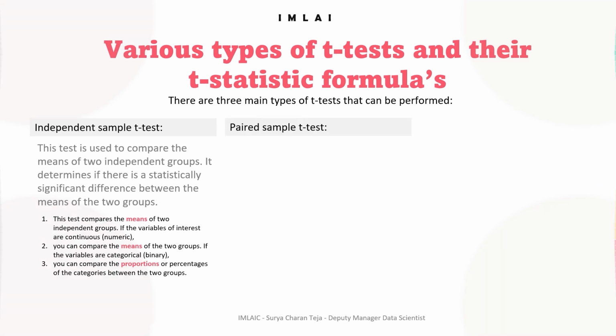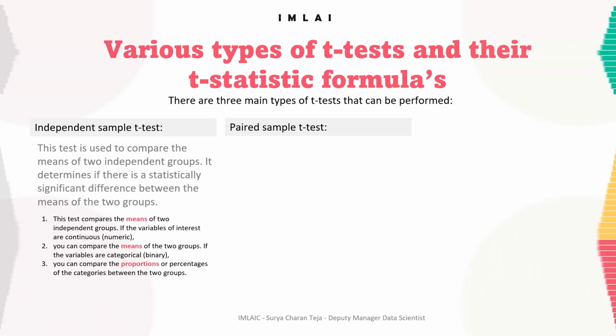Next we have the paired sample test. The paired sample t-test is also known as a dependent sample t-test. This test is used to compare the means of two related or paired groups. It determines if there is a statistically significant difference between the means of the paired observations.